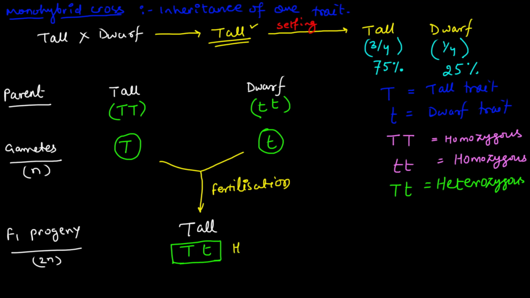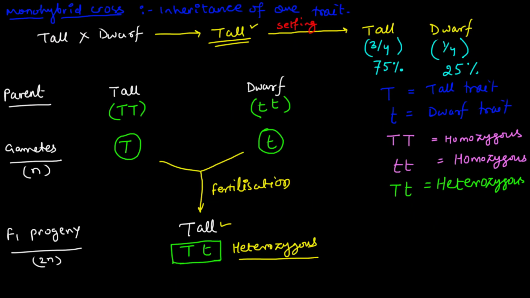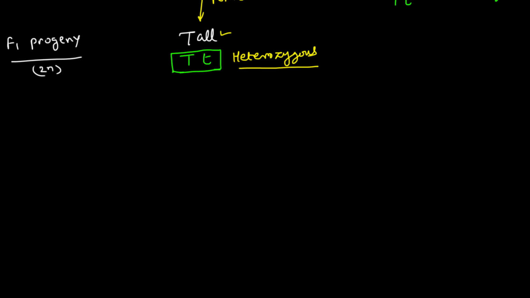So we have a heterozygous condition, and in this heterozygous condition, we are having the expression of only one of the parental traits, that is, the plants are all tall, and we are seeing nothing that is dwarf. The question is whether the dwarf traits are lost, but we have already seen that they are actually not lost, they are still present, but they are simply not expressed.